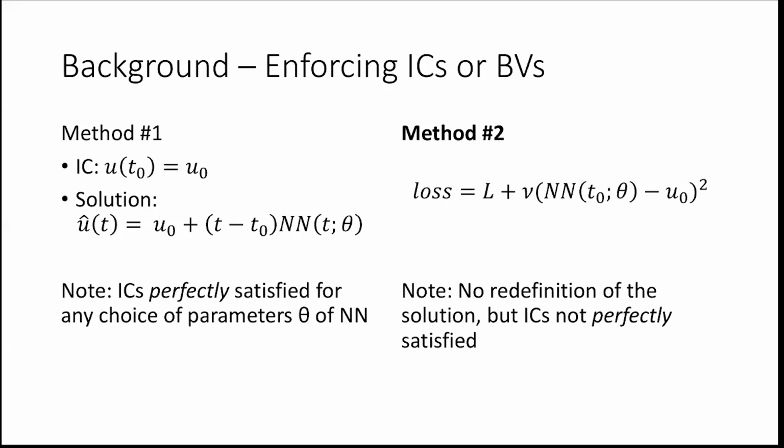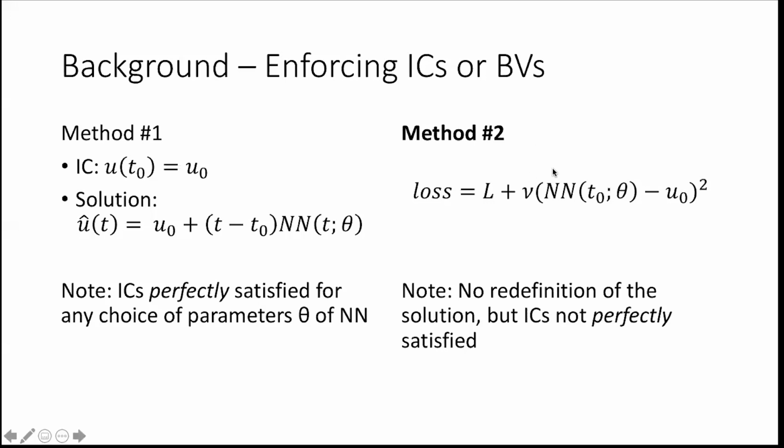This loss is the one defined earlier plus a new term with a weight, the difference of the values of the neural network calculated at the initial condition or the boundary values minus the fixed value. So in this case, we are not perfectly satisfying the initial condition, but still minimizing the loss we need. We find that the final error is lower than the first method.